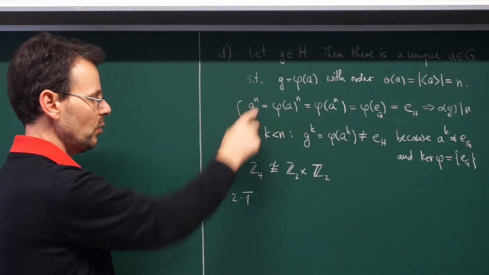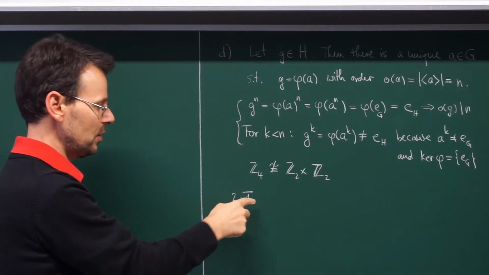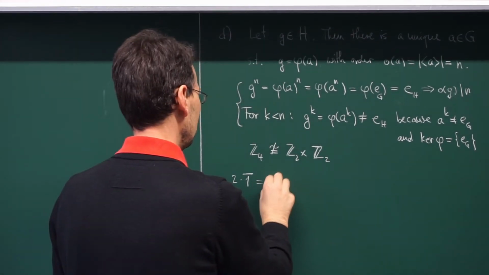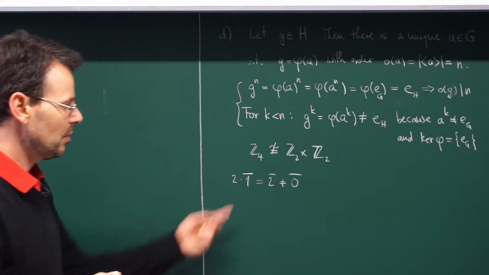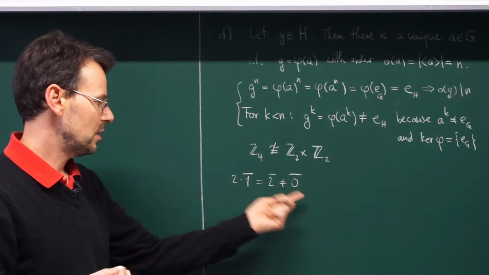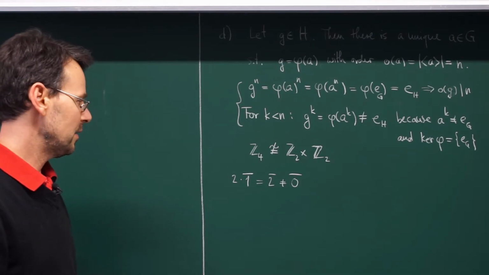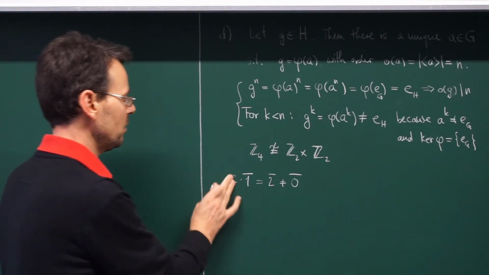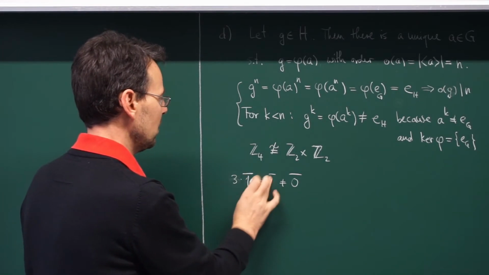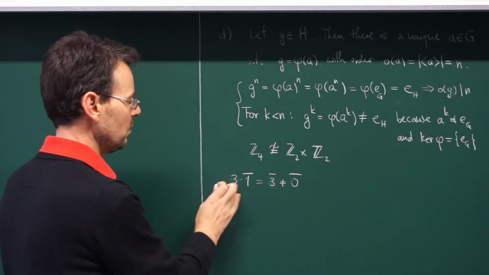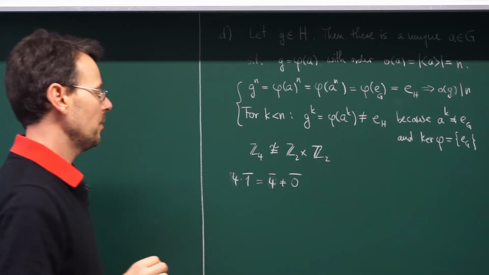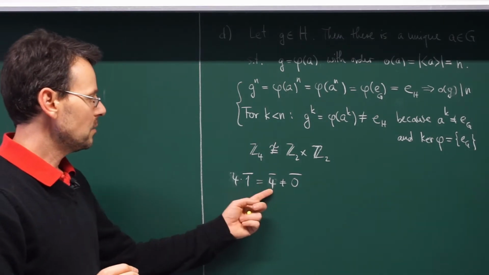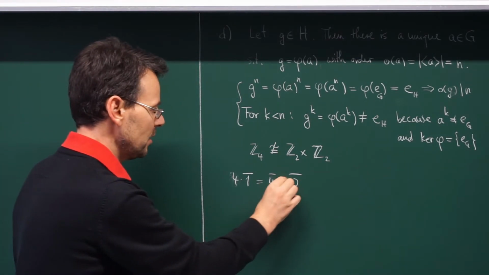So G squared would be in additive notation this here. This is 2 bar. This is not the same as 0 bar, because 2 and 0 do not lie in the same residue class. And also 3 times 1 bar is not 0, and for the first time 4 times 1 bar is 4 bar, which then is 0.